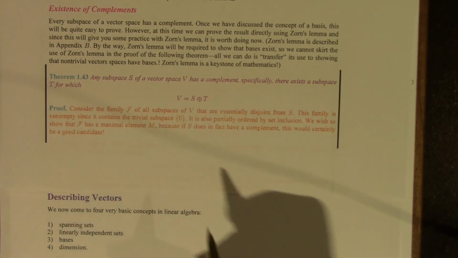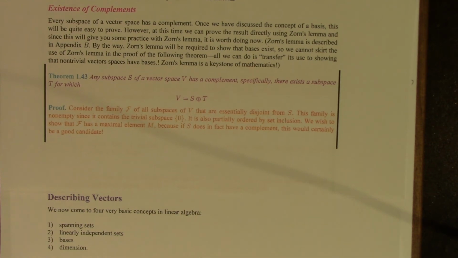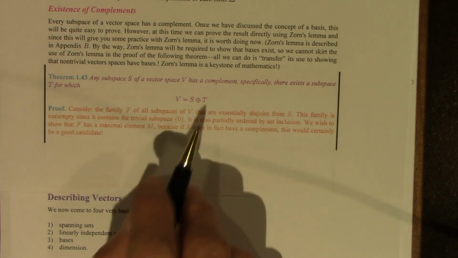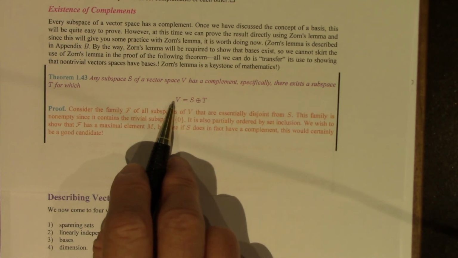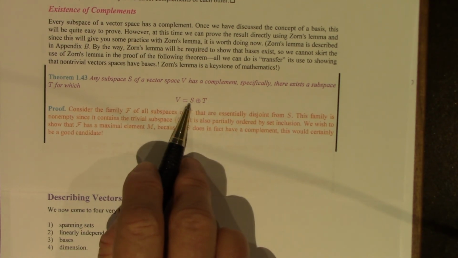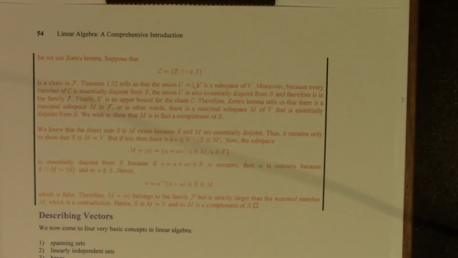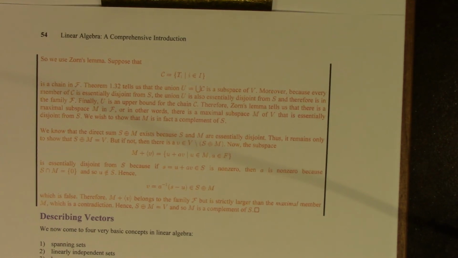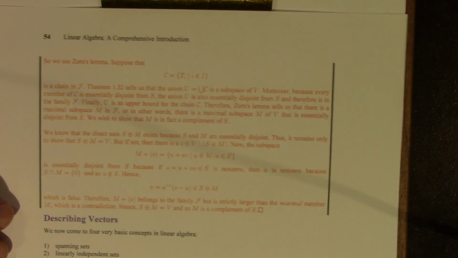Because if S does in fact have a complement, that would certainly be a good candidate: a maximal subspace of V that is essentially disjoint from S. So, to find a maximal member of a partially ordered set, we use Zorn's Lemma.